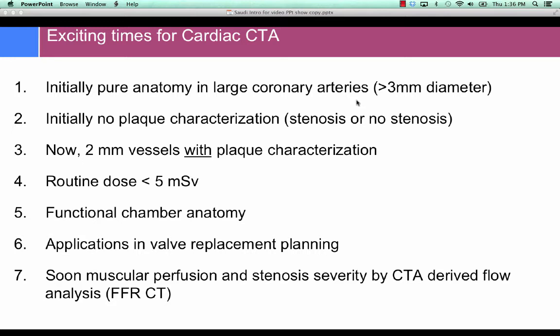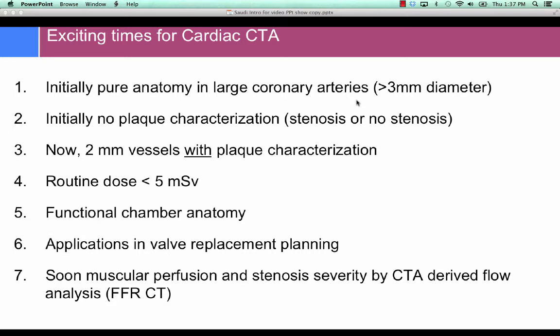But we really never had the ability to characterize the plaque much. We could come to not really a consensus, but a pretty good repeatable approximation of whether a stenosis was likely to be obstructing flow or likely to be not obstructing flow.